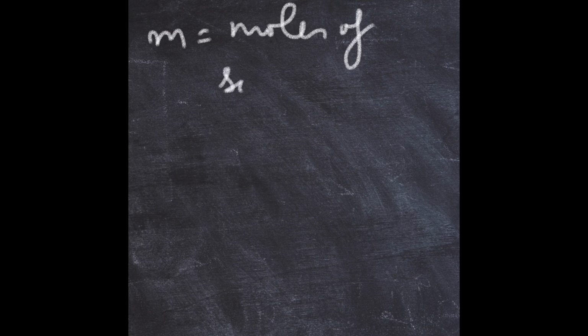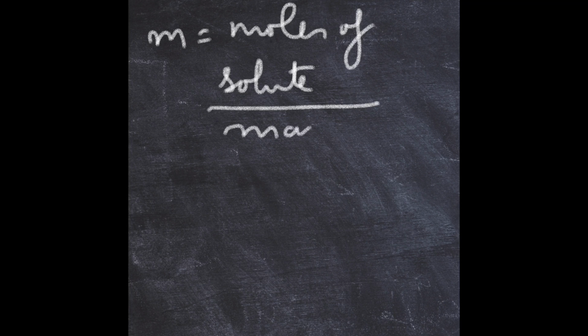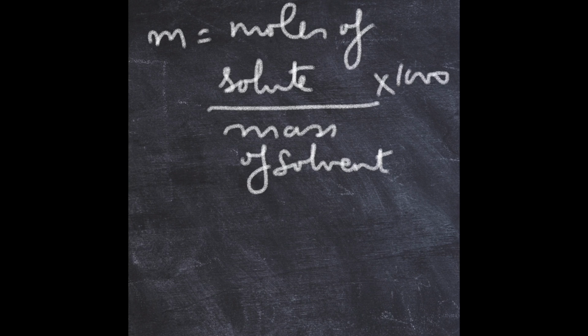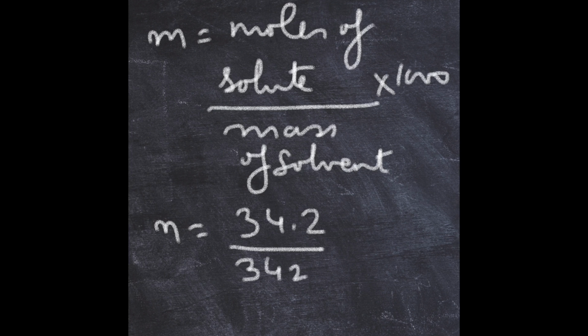So 180 grams is the mass of the solvent. So molality is moles of solute upon mass of solvent multiplied by 1000, as I previously mentioned. So moles of solute, that is n, is equal to given mass of sugar, that is 34.2, upon molar mass of sugar, that is 342, and this comes out to be 0.1. So you have 0.1 moles of sugar, right?